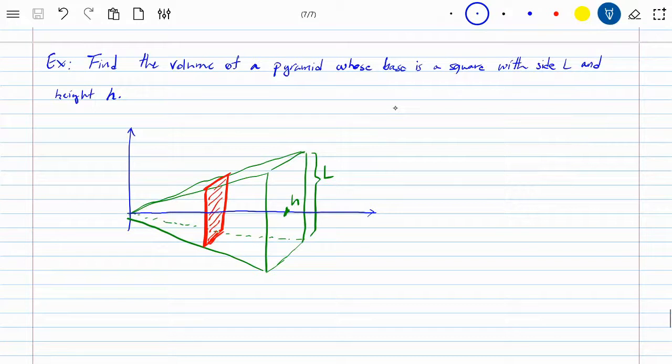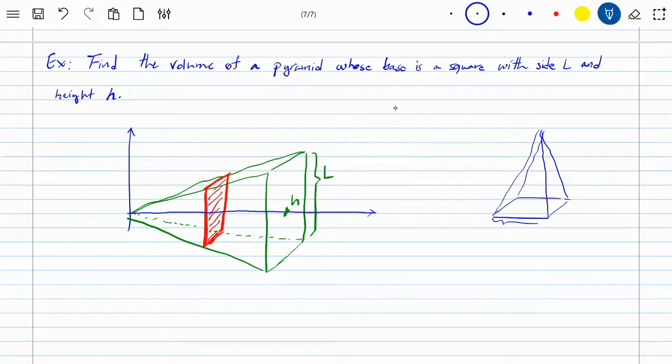Let me draw this vertically so you can see it. This is the base of the pyramid, and it kind of looks like this. But instead of looking at it vertically, I put it sideways on the x-axis. This way, it's easier.